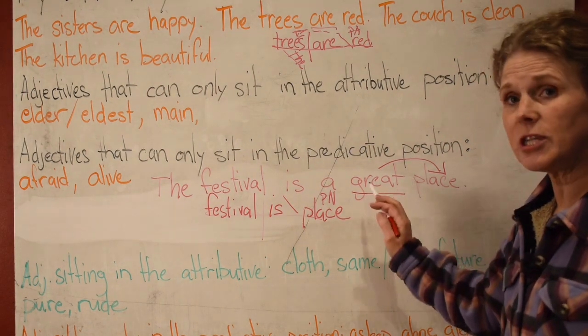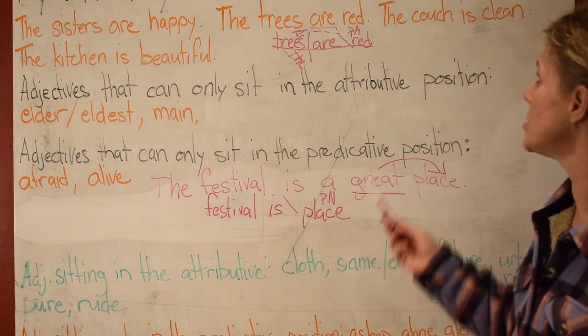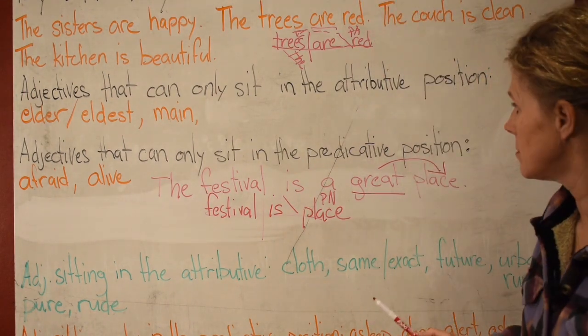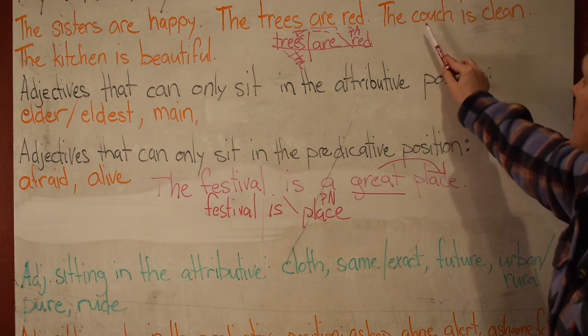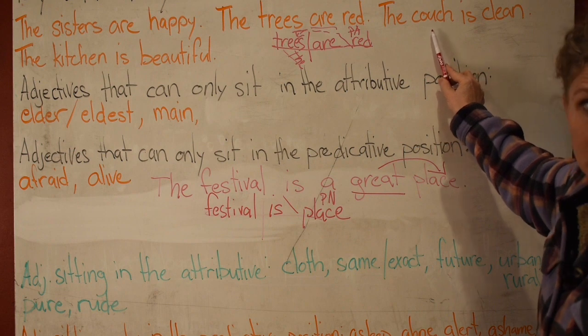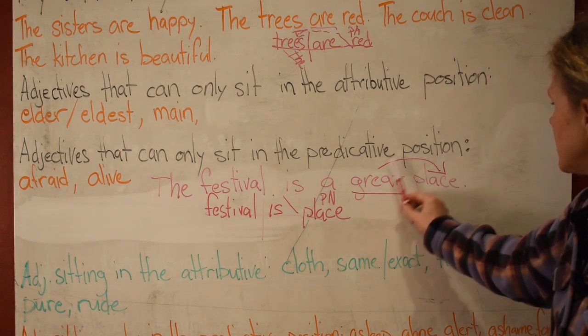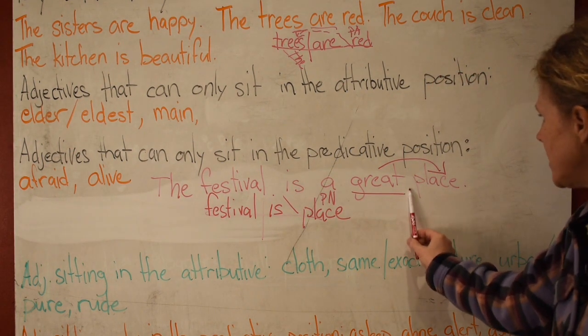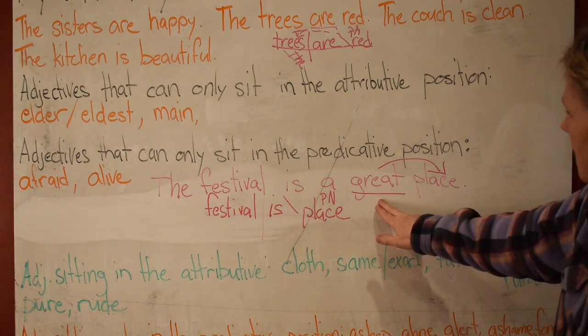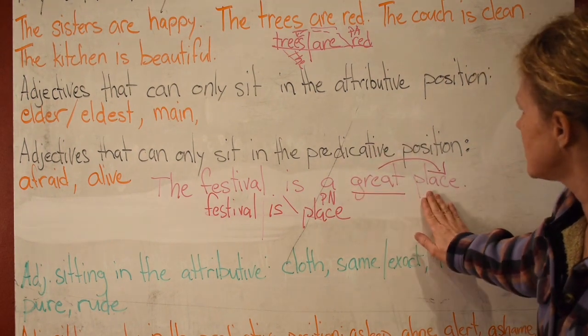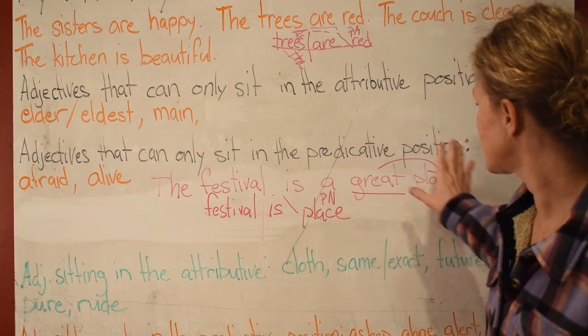So this adjective can sit in the predicate position, but it's not a predicative position. This is the predicative position when you have clean and it's bouncing it back to the subject. This is bouncing it, see? It's right in front of its noun. Do you see that? Even though this is in the predicate, it's not describing the subject.